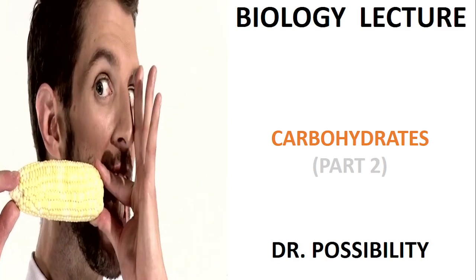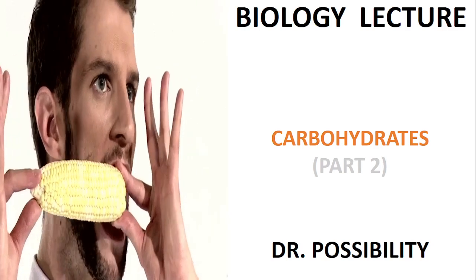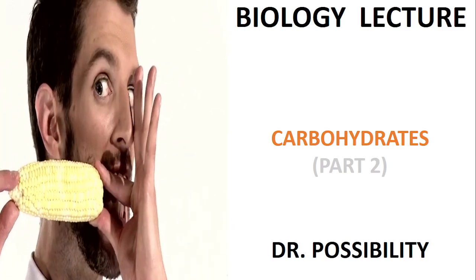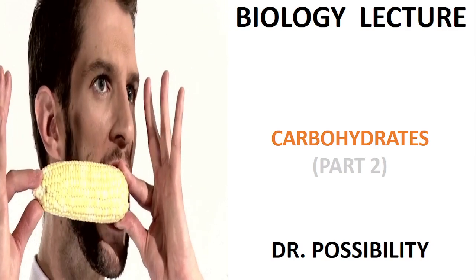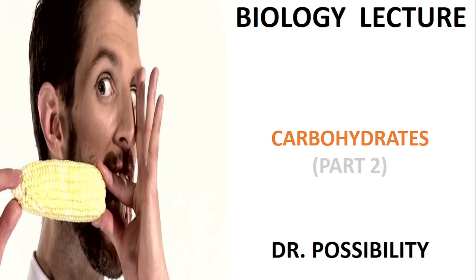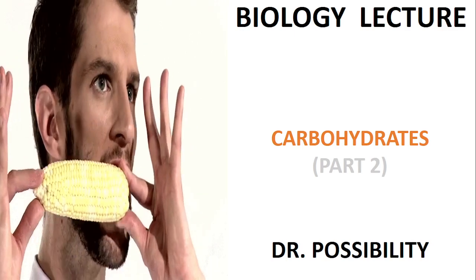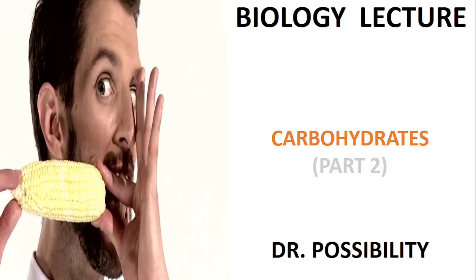All right. We have monosaccharides, disaccharides, oligosaccharides, and polysaccharides. Correct. So we have basically four groups of carbohydrates. We have monosaccharides, which are the monomers, and the disaccharides, which are made up of two monosaccharides.